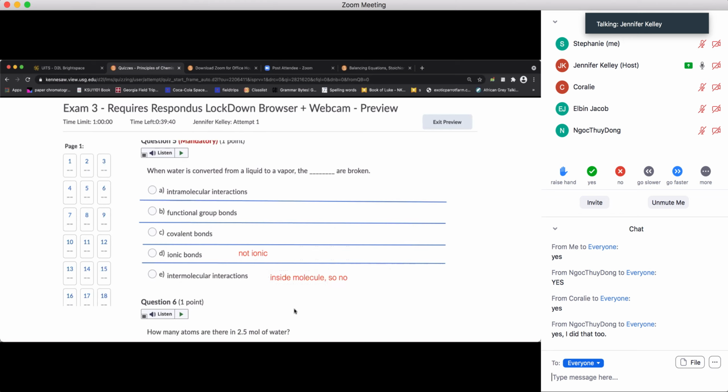And it's not breaking up the hydrogen from the oxygen. Covalent bonds, those are also inside the molecule. All right. Functional group bonds are also inside the molecule.